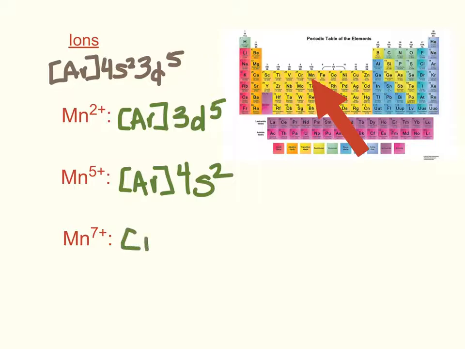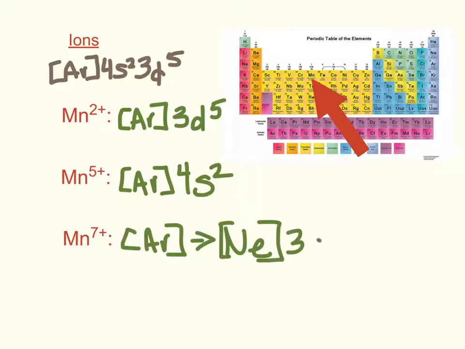So because it's isoelectronic to Ar, everything else left, I'm going to rewrite this. Remember, we can't just leave it Ar. It has to be Ne. So let's go back one more and then let's just fill it out. So it'll be 3s2, 3p6. So that is how you make ions.